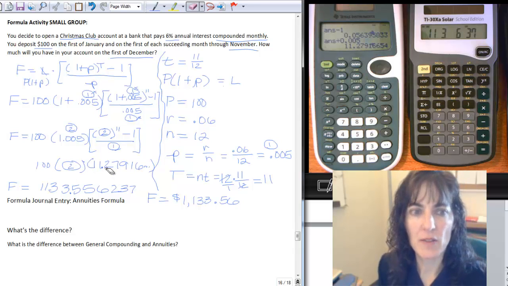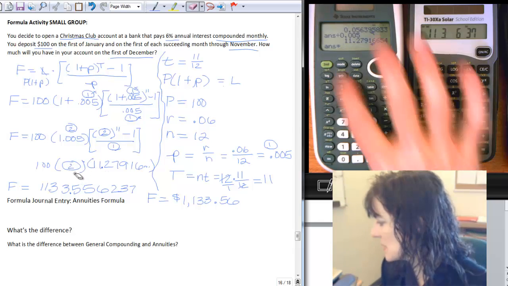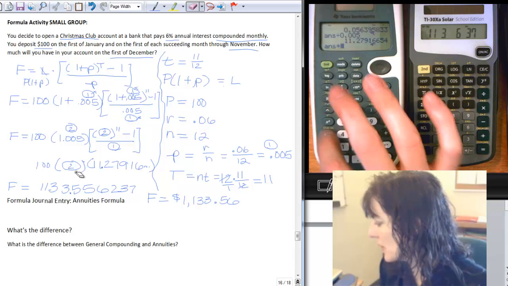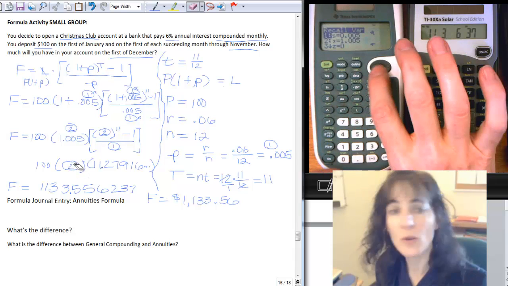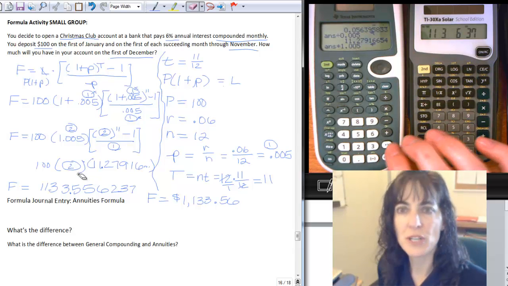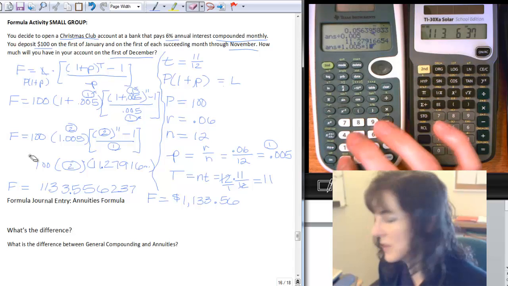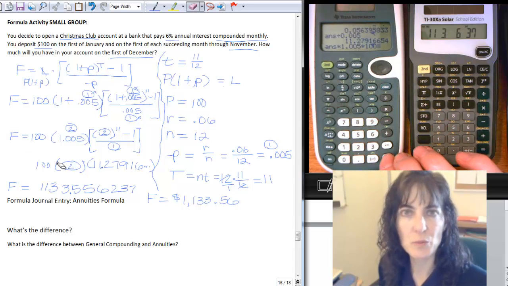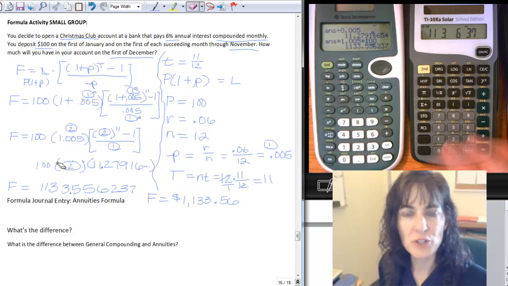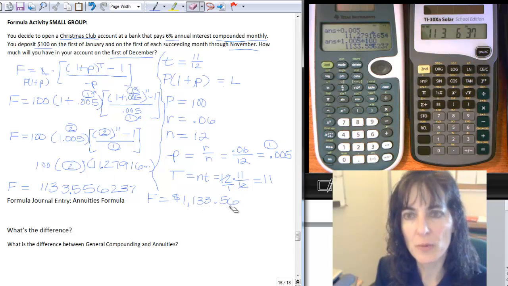So we're going to take this answer that we have times the second bin, so we'll say times, and then recall, and go down. I want the second bin, push enter, so there it is multiplied by that. We can just put the times 100 on there too and have it multiply all three of them at once. Push enter, and there I have $1,133, and if I round it, 56 cents.